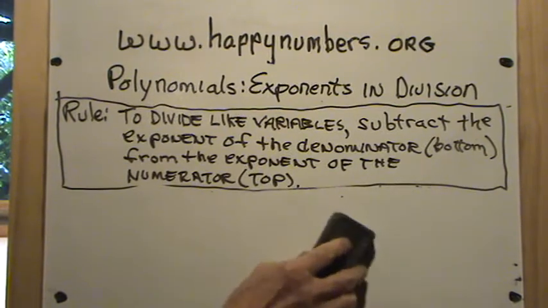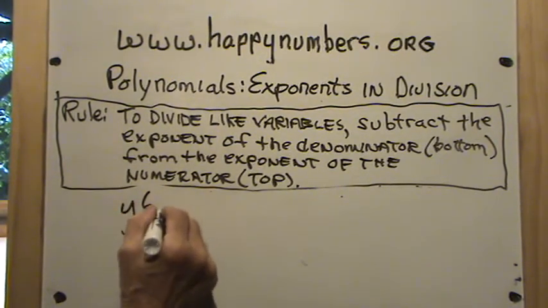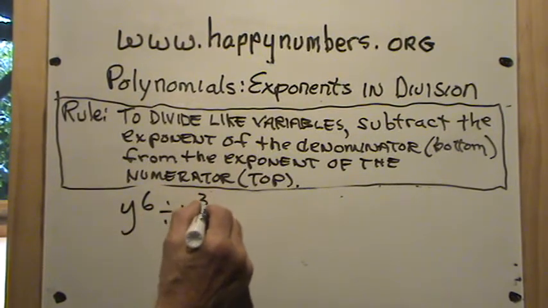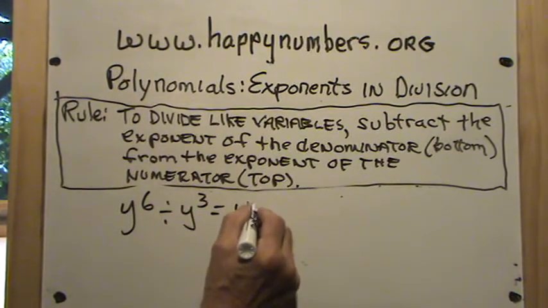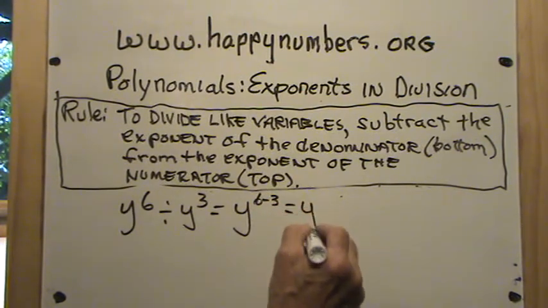So, quick recap. y to the 6th divided by y to the 3rd is equal to y to the 6 minus 3, which is equal to y to the 3rd.